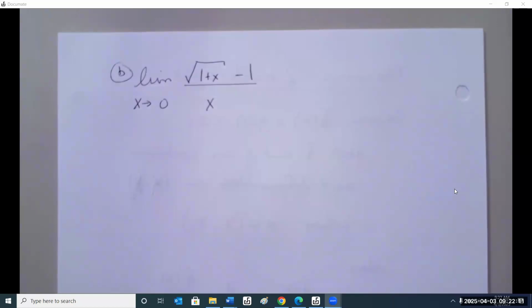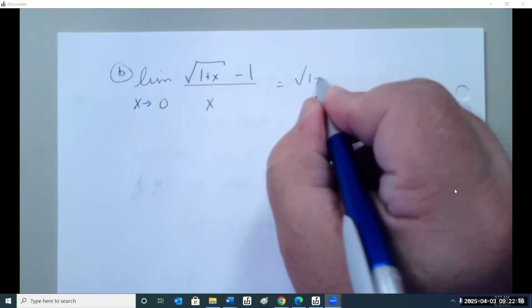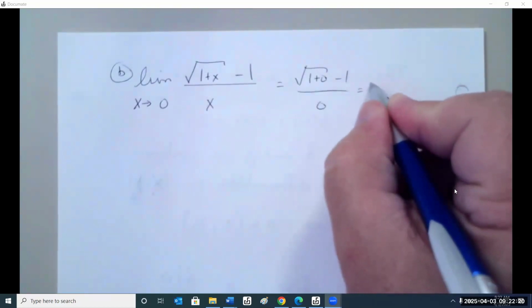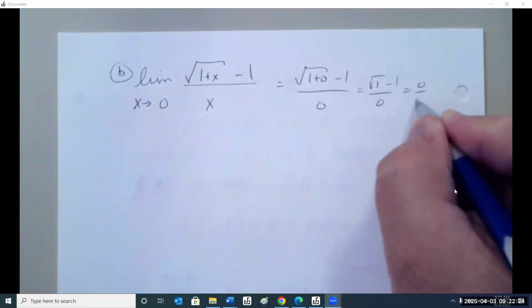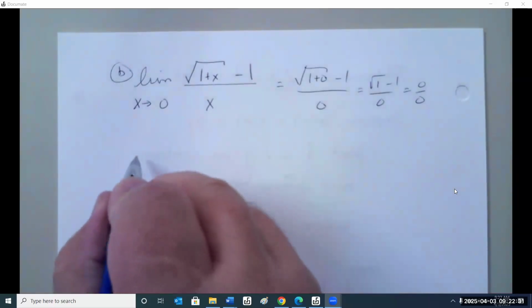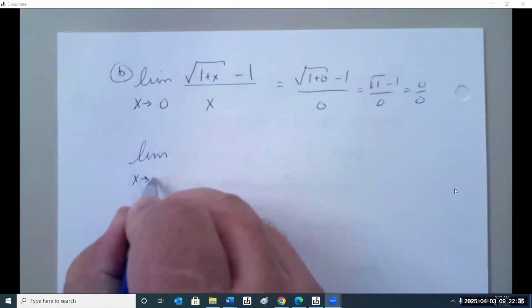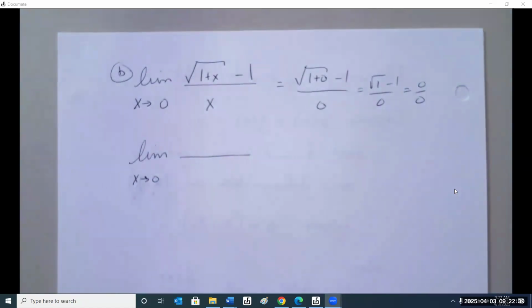So what's my first step? Yeah, plug in 0 for x. We got 0 over 0, so it's indeterminate. So now I take a derivative of top and bottom separately.